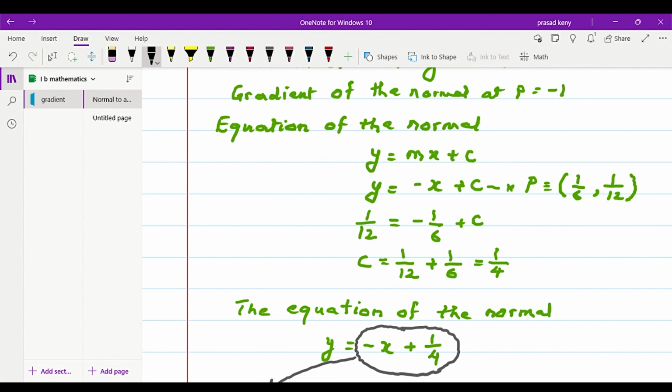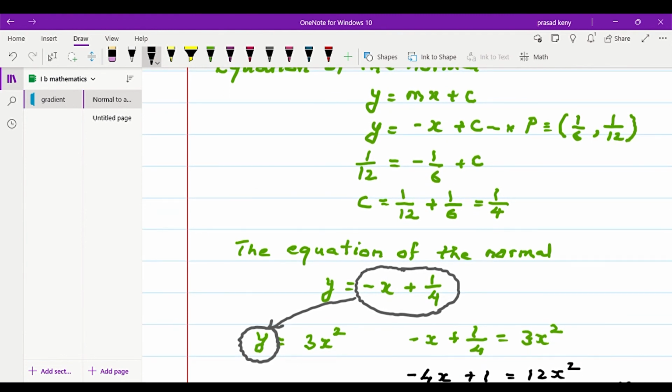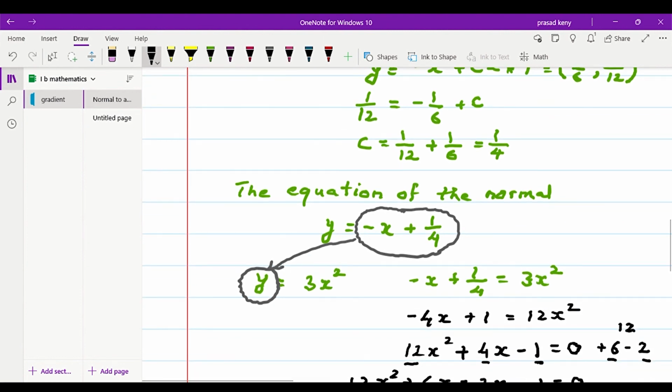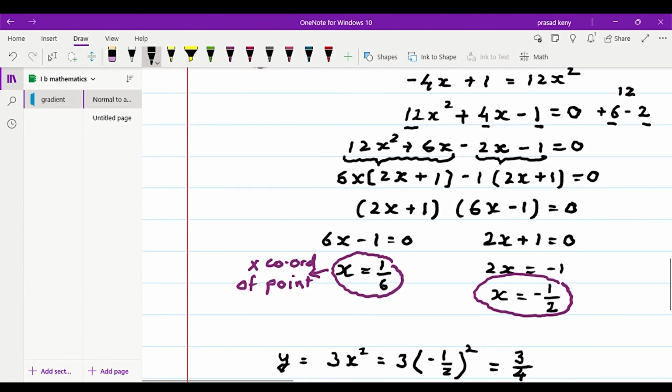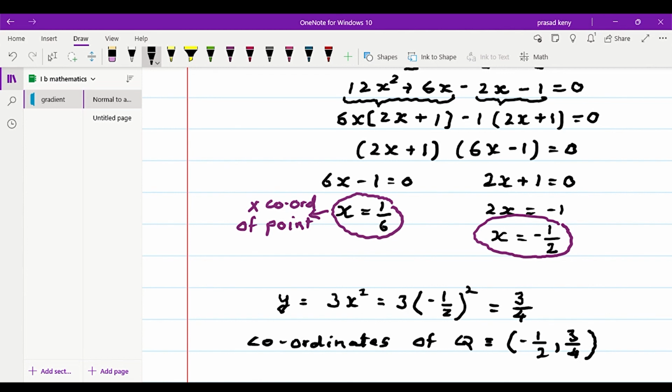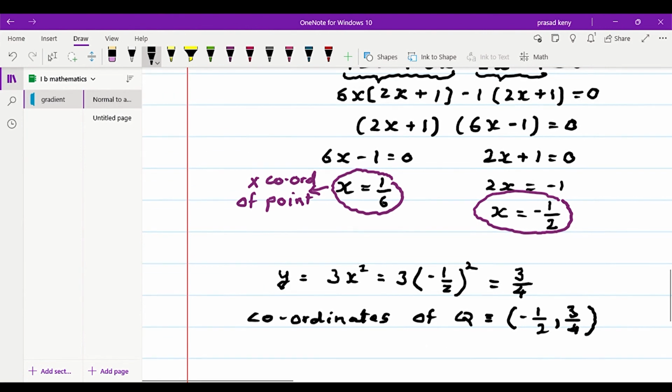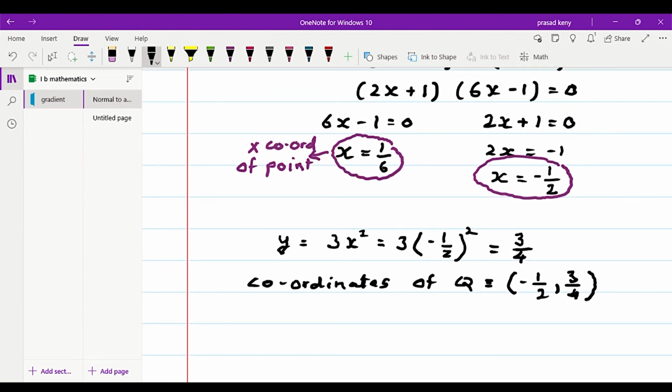So using that point, I have written the equation of the normal, and since I want to find out the point of intersection of the normal with the curve, I have solved the equation of the normal and the curve simultaneously. I have got two roots. Out of that, one value of x gives the x coordinate of point P that we already have. So I have taken the other value, substituted it either in the equation of the curve or the equation of the normal, and got the coordinates of the other point of intersection.